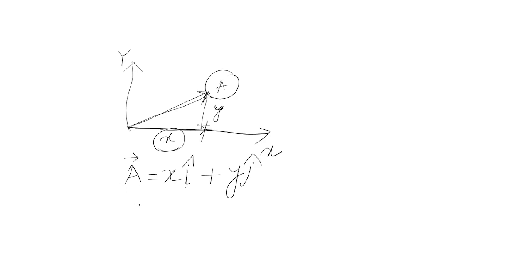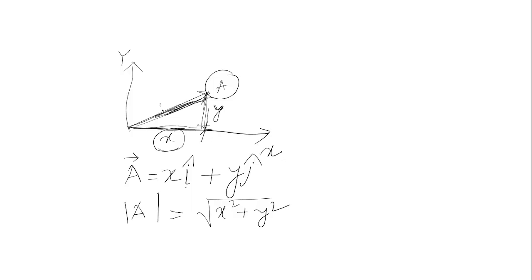The value, we call mod of a, equals the square root of x square plus y square. If you think of a right angle triangle, this square and this square will be this square. So this is the value, only the value.